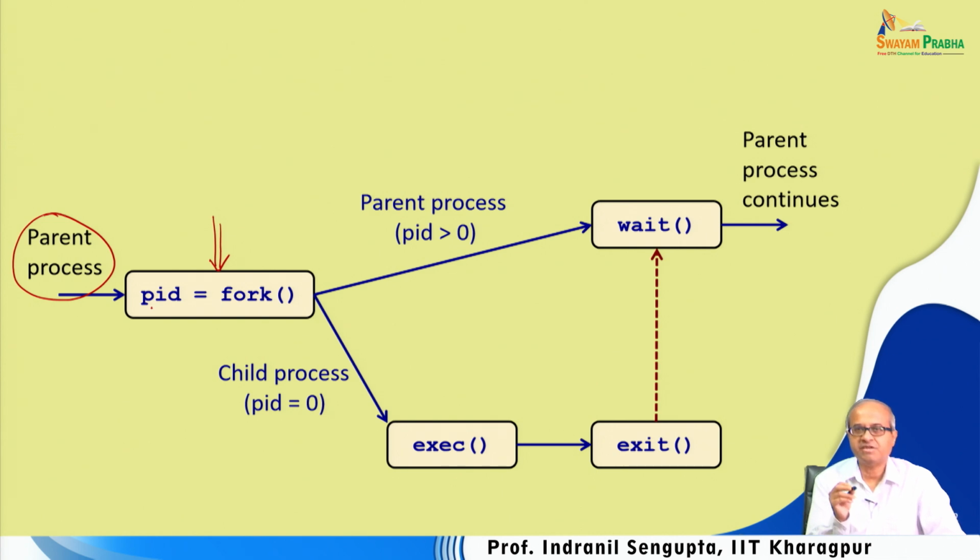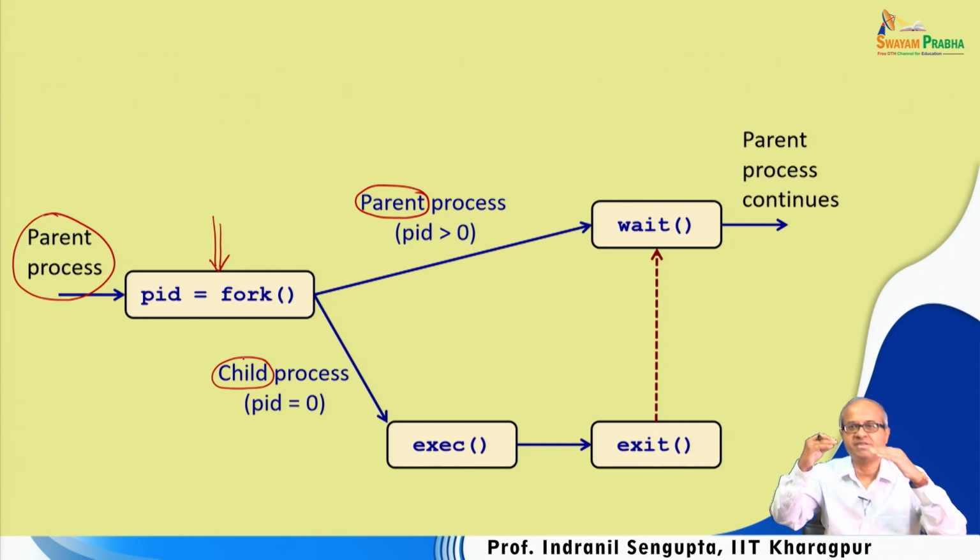Now, after this fork is called, as I said, a new process will be created, the parent will continue and a new child process will get created. But now remember, I said initially both the parent and child will be sharing the same text region, same code region. That means both will be executing the same code.